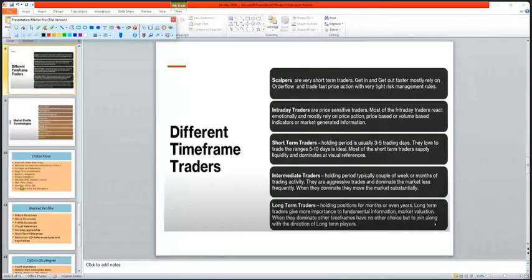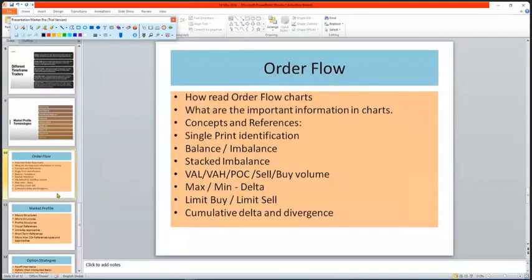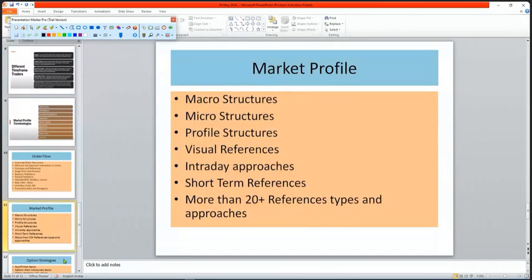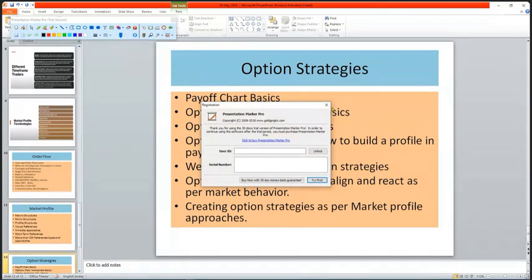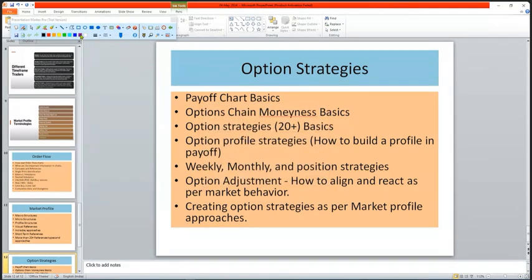So what are the areas I teach in my mentorship? Specifically, I give priority to option strategies. Priority is the option strategy I am providing in my mentorship training.